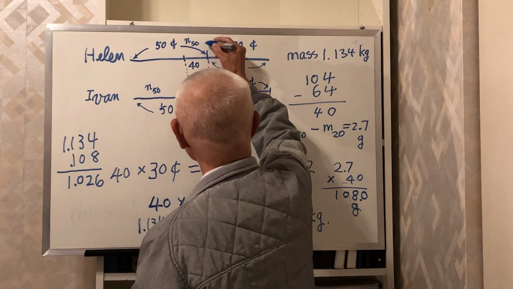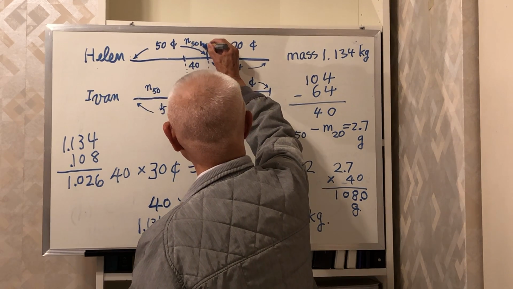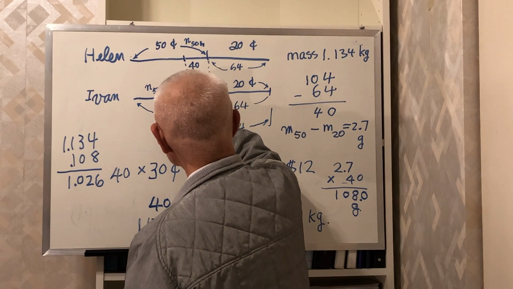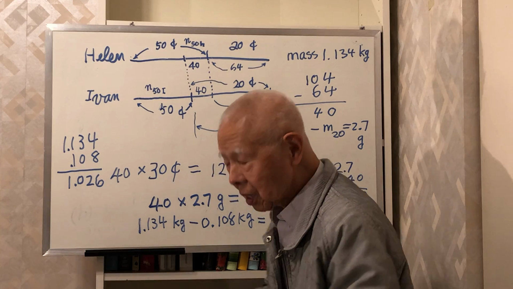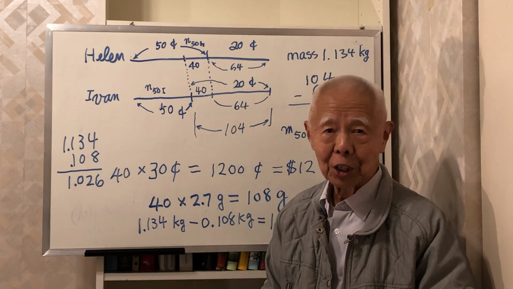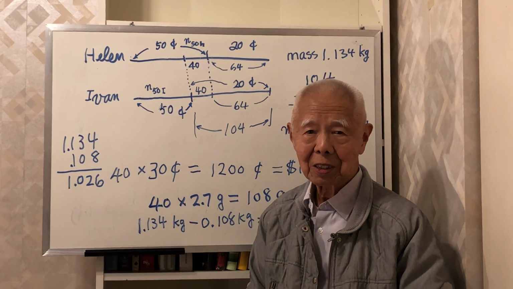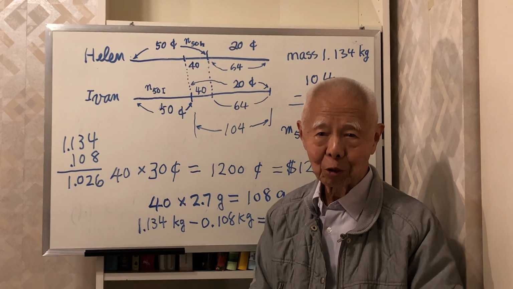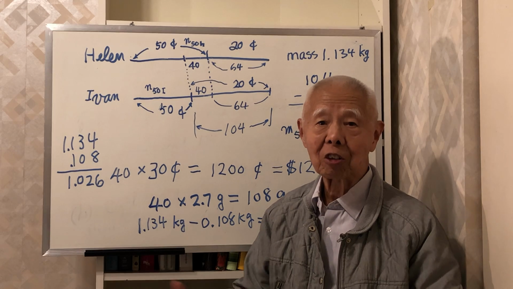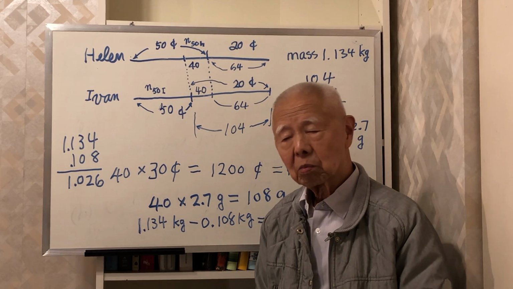But this is Helen, n50 Helen, n50 Ivan. You can use algebra to do it. But the result is quite complicated. You have too many unknowns and you probably get lost.